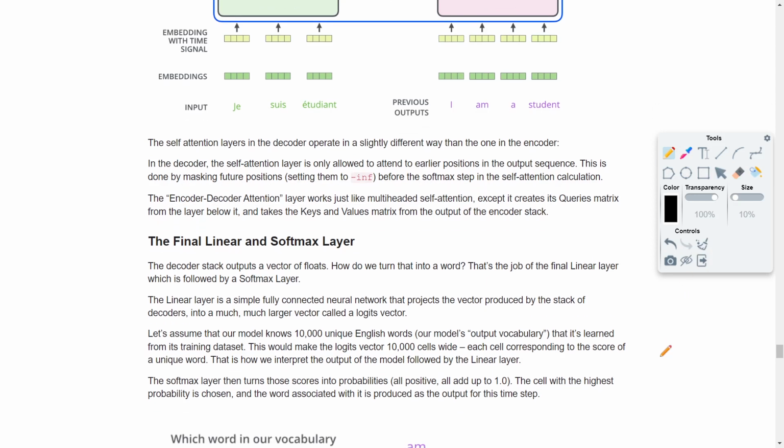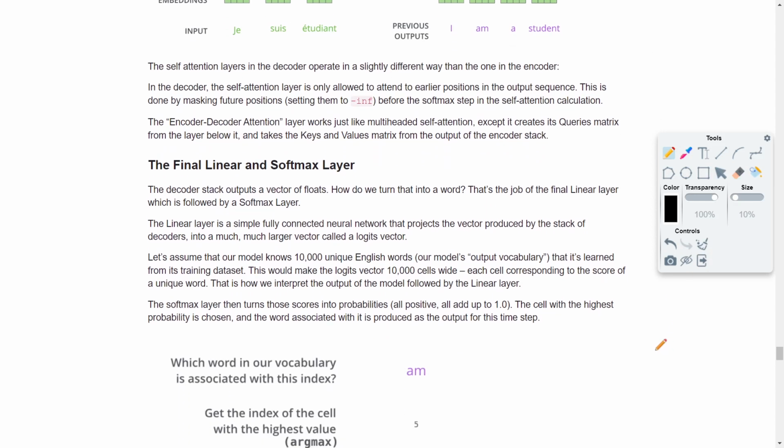Now, coming to the final linear and softmax layer. The decoder stack outputs a vector of floats. How do we convert these floats into a word? That's the job of the final linear layer, which is followed by a softmax layer.